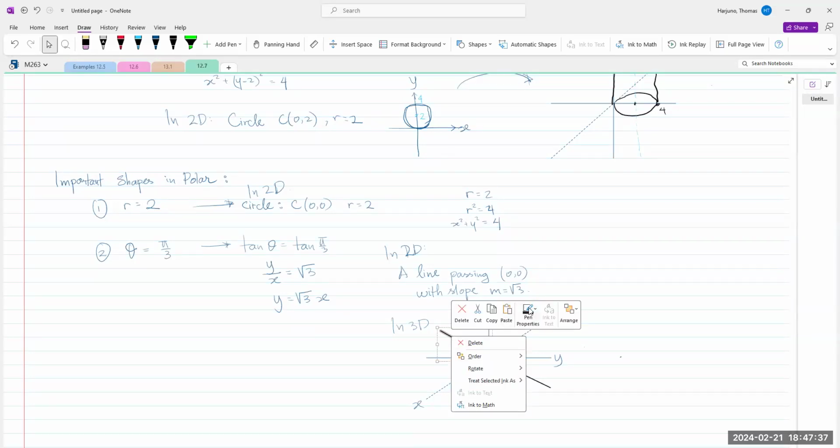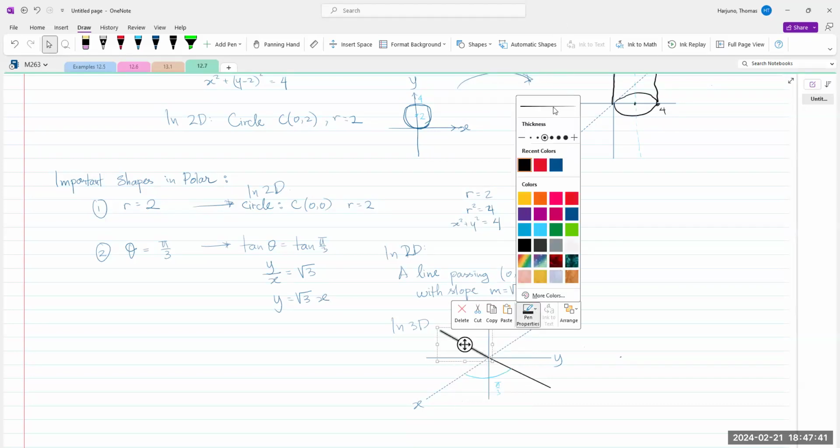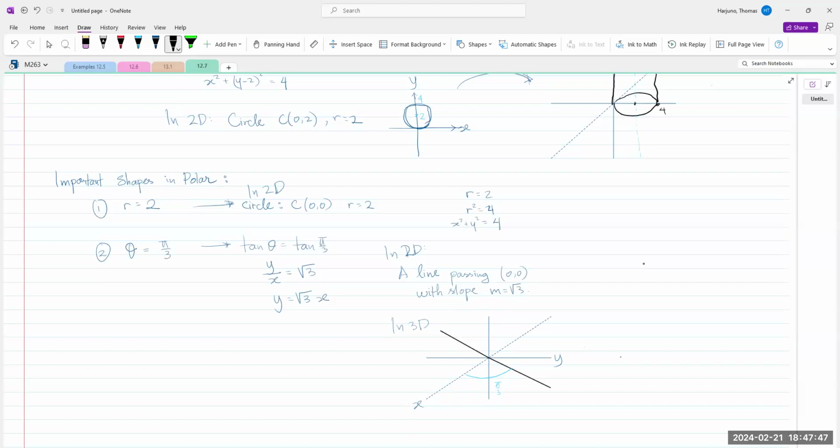There's no way, I will figure it out at a later time. But if I copy in the z direction, it will give us a plane. In 3D it is a plane.